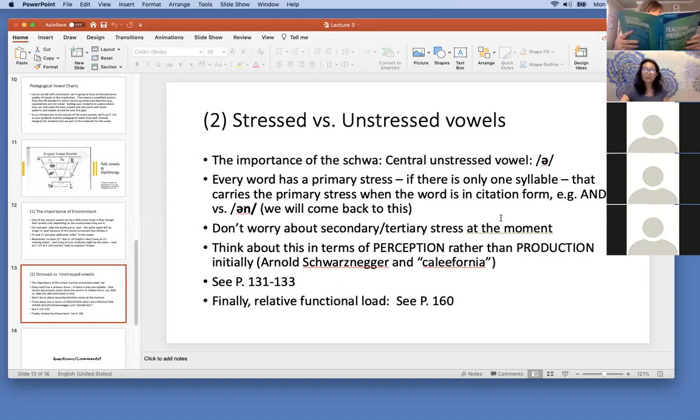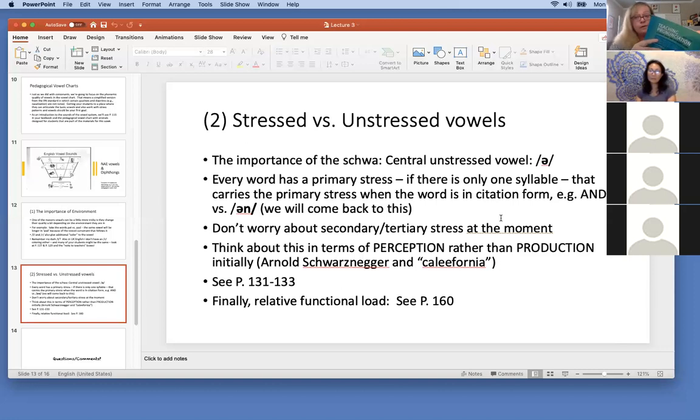An important one, for example, is I versus a, bit, bat, for example. That has 100% relative load, meaning that's a critical functional load difference between those two. If you have a learner who can't do the difference between an I and an a very well, that is going to cause probably a high intelligibility issue.